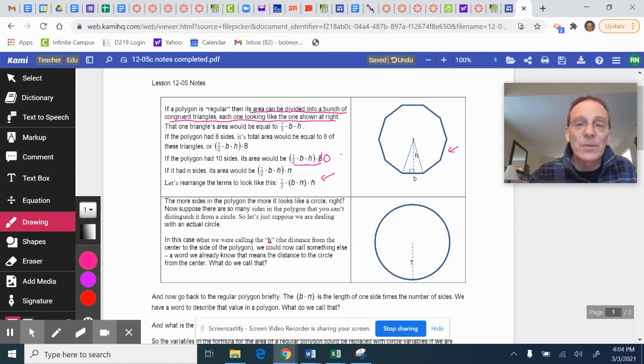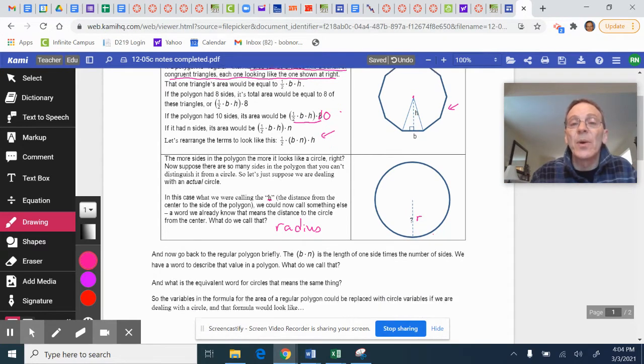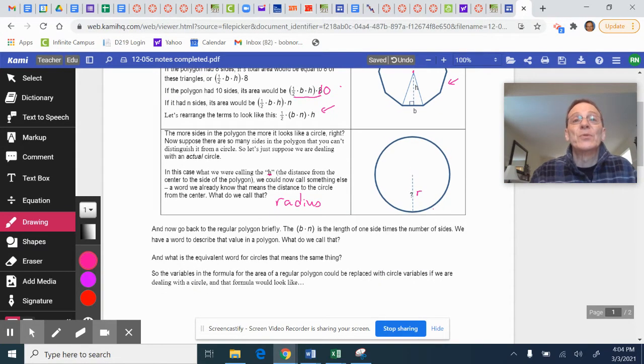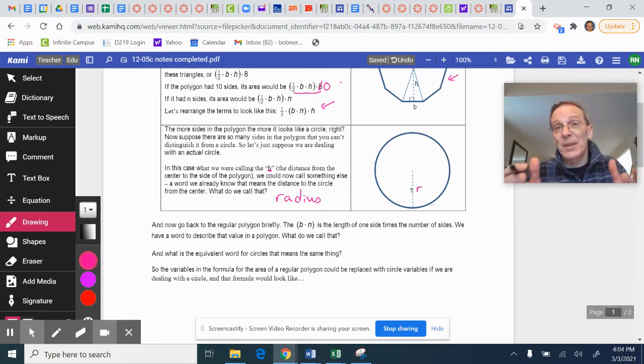What is that word? It's not diameter, it's radius, right? Okay, some of you knew that. It's radius. So instead of calling that h, we could call that length r. I mean, we can call it whatever we want, but it's usually helpful to ascribe letters to things that have some connection to the word that they stand for.